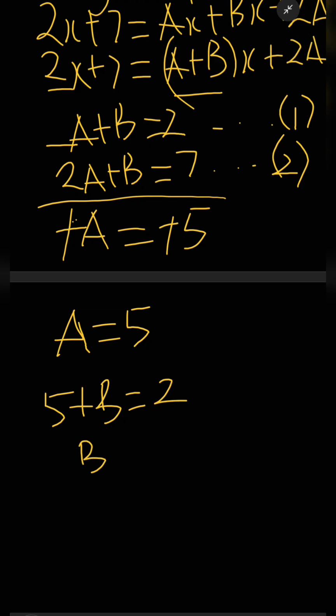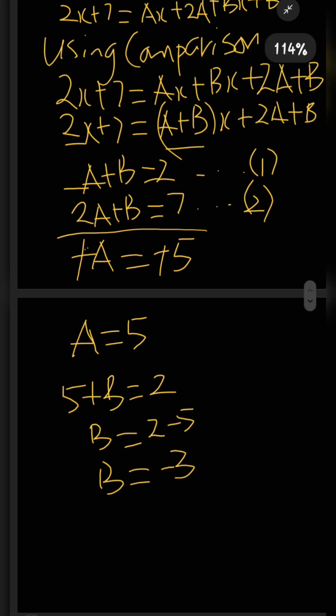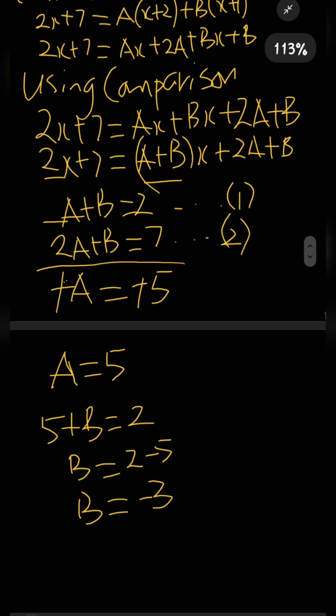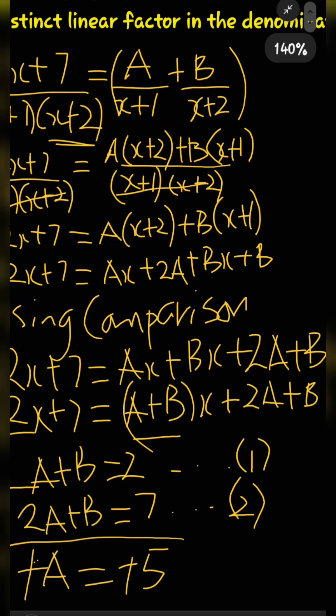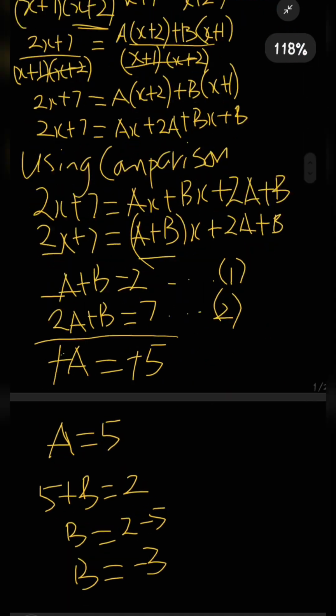So b is equal to 2 minus 5. Then b is equal to minus 3. So now we have found our value of a and our value of b. Remember, a and b are the constants. So this is a, this is b. So we are going to put it back into this fraction.